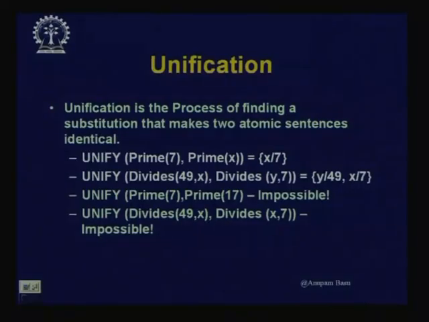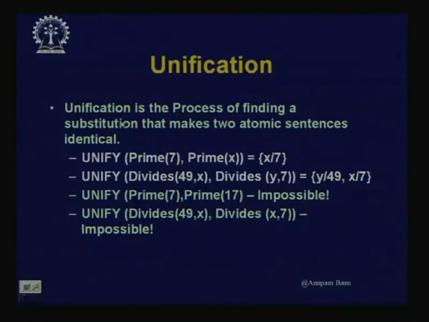Okay. Now, this gives us a very nice operator which is often used in predicate logic, that is unification. I shall not go into the details of unification, but will try to give you the flavor of unification through examples. There are algorithms given in any artificial intelligence book, but just try to understand that unification is the process of finding a particular substitution that will make two atomic sentences identical.